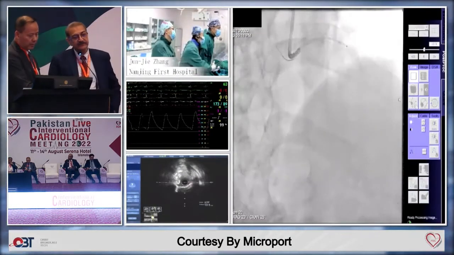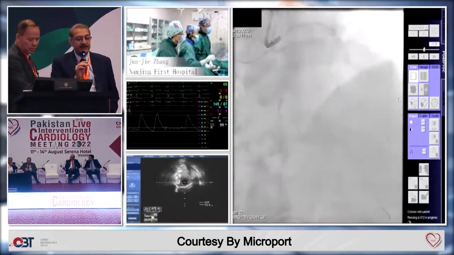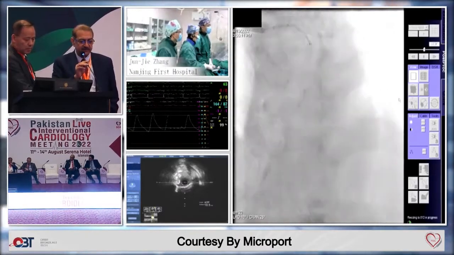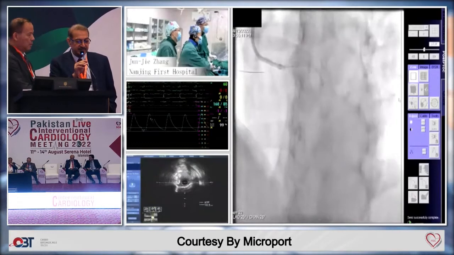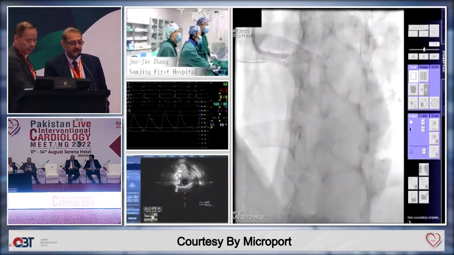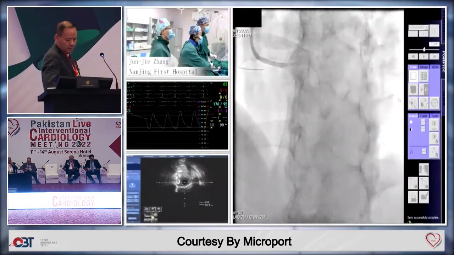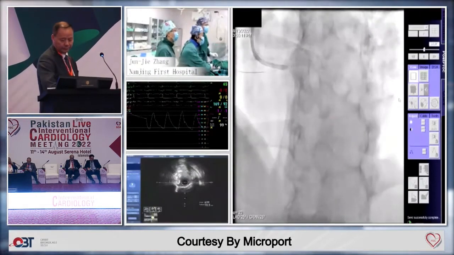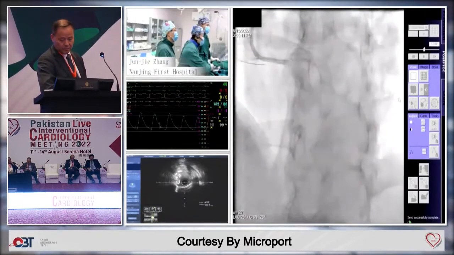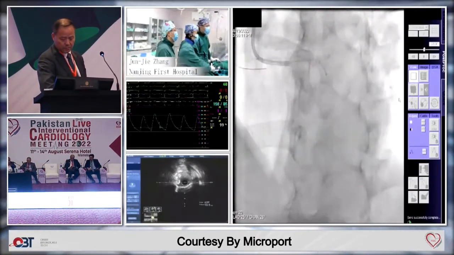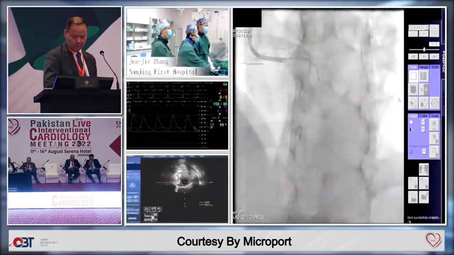Dr. Zhang, one question especially for fellows. Do you cover the left main till the ostium, or can we stop in between, or does it depend on the length of the main stem or the lesion? Can you give some comments from your experience? If the left main is longer than 15 millimeters, according to the intracoronary imaging study, it is always a diffuse lesion.